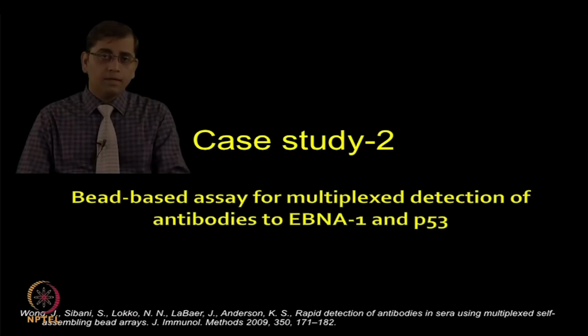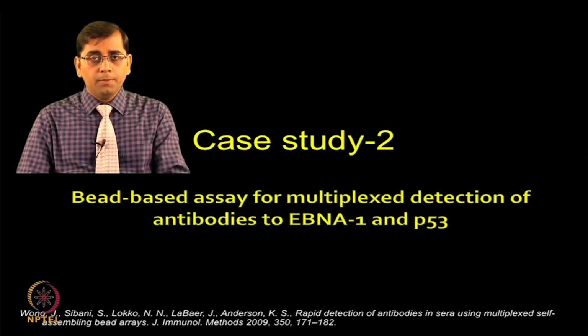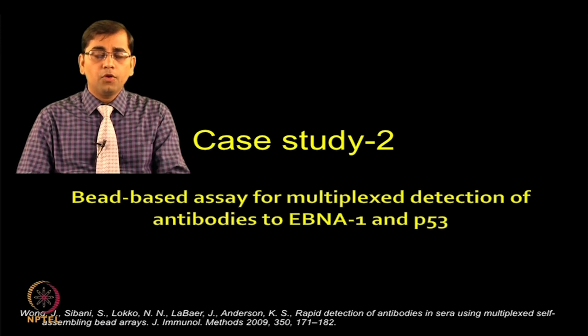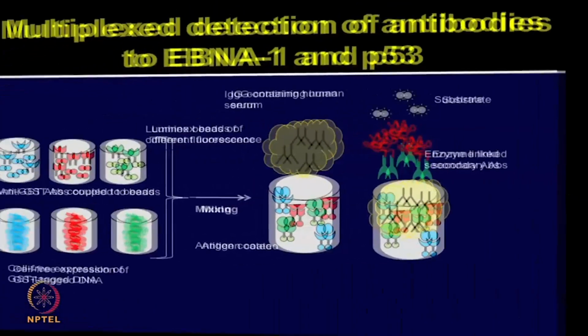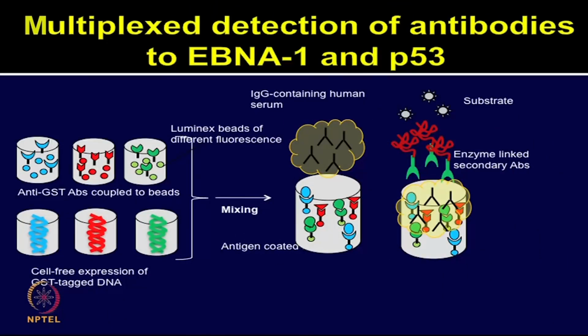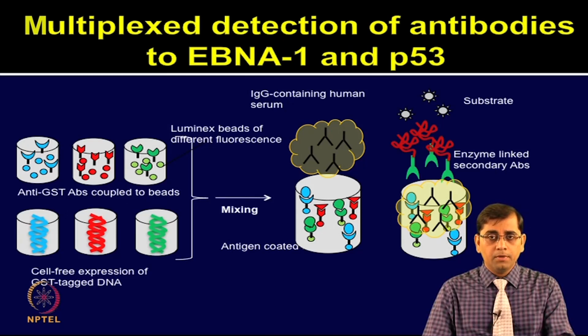Let us now talk about another case study for biomarker screening. A bead based assay for multiplexed detection of antibodies to EBNA1 and p53, a study performed by Wong et al. The authors used a Luminex suspension bead array platform for the rapid detection of antibodies in the sera. A programmable multiplexed immunoassay was used for the rapid monitoring of humoral immunity.